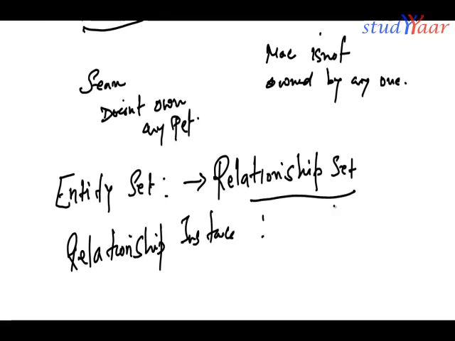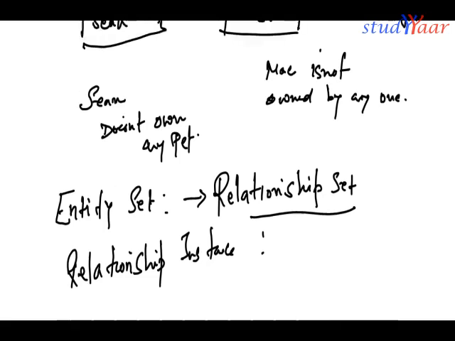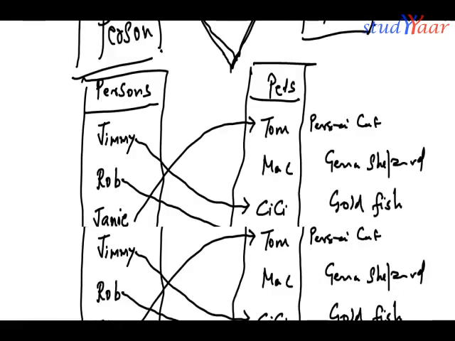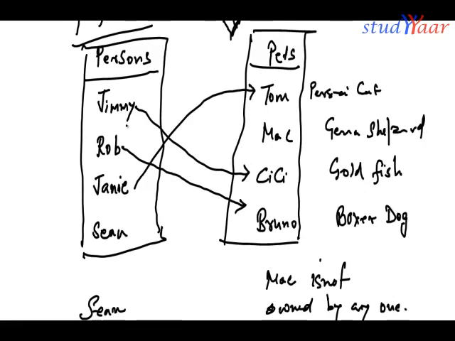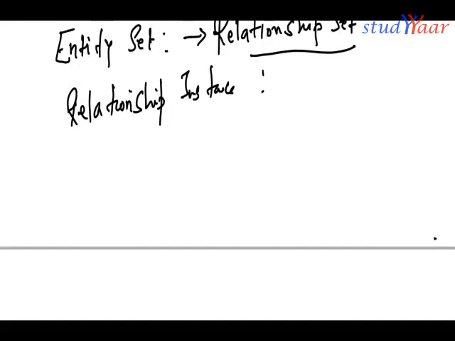Let's look here. Jimmy owning Cece is a relationship instance. I'll write it down: Jimmy owning Cece.